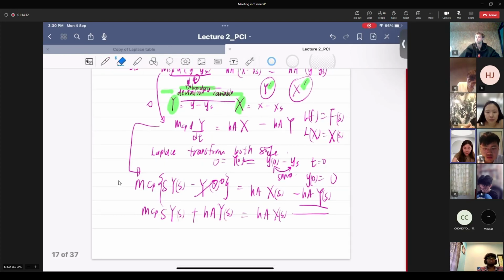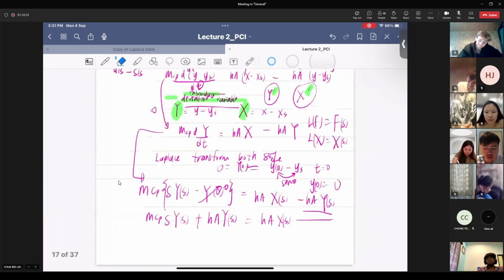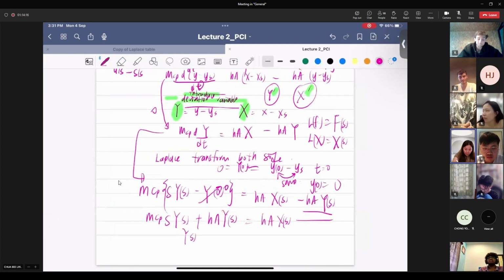And then factorize the common term YS. So you'll be having MCPS plus HA in brackets, equals to HA XS.